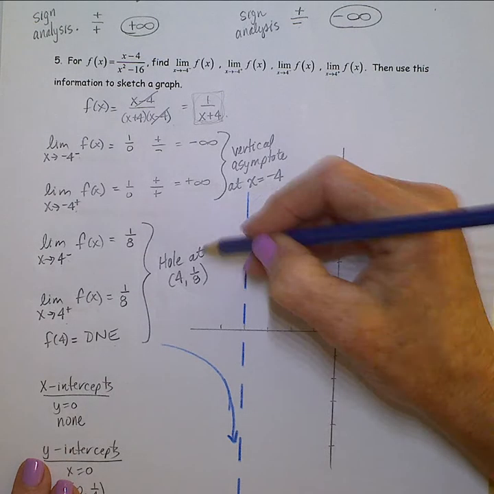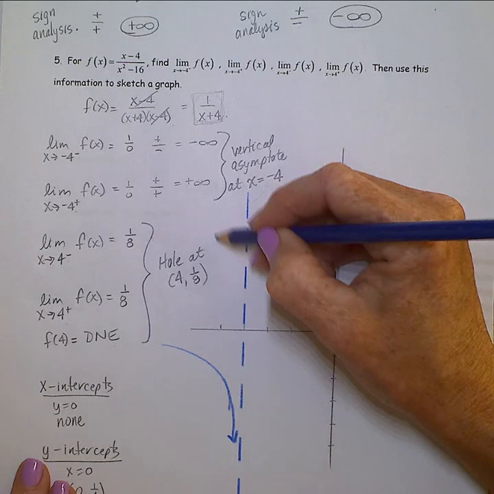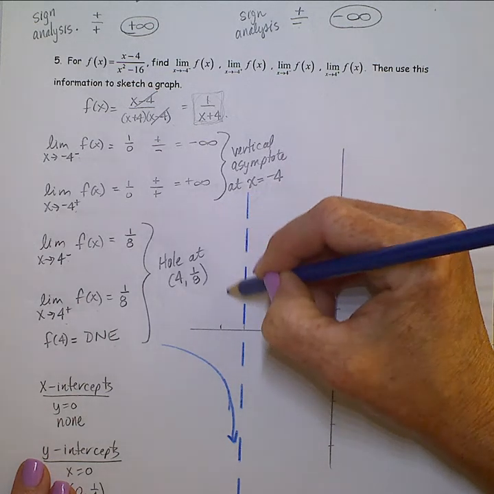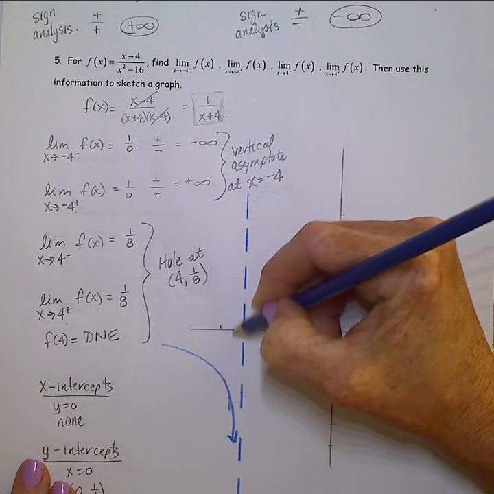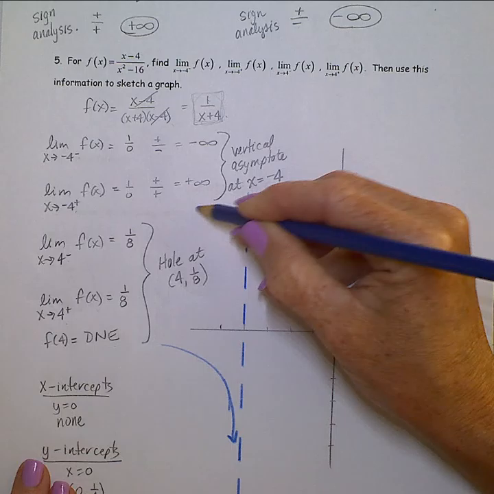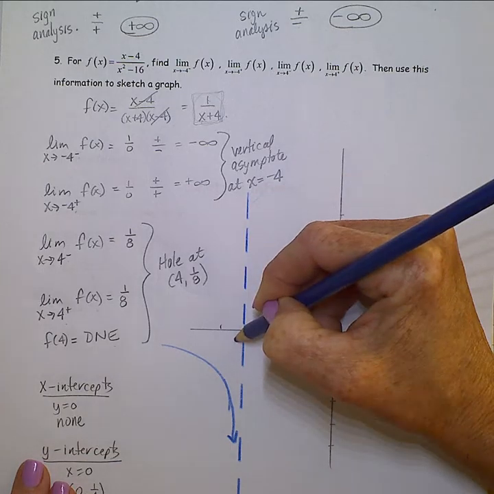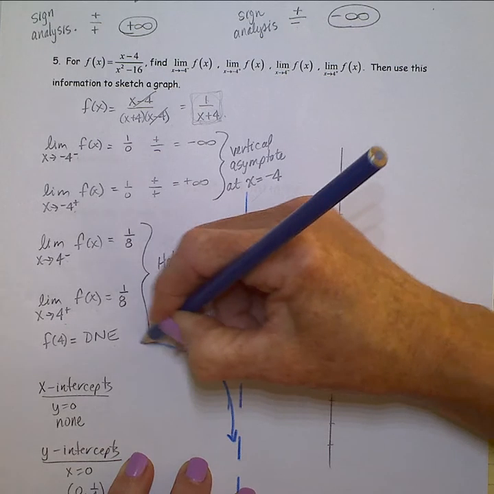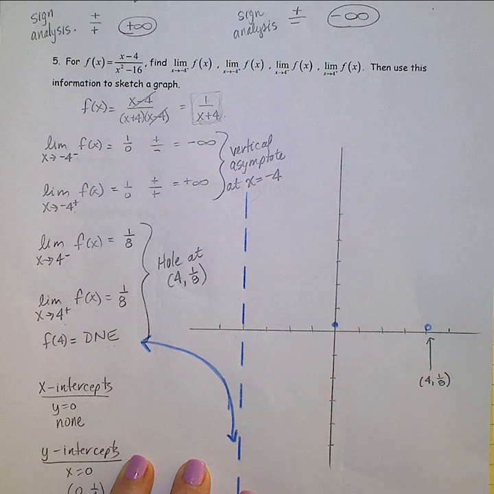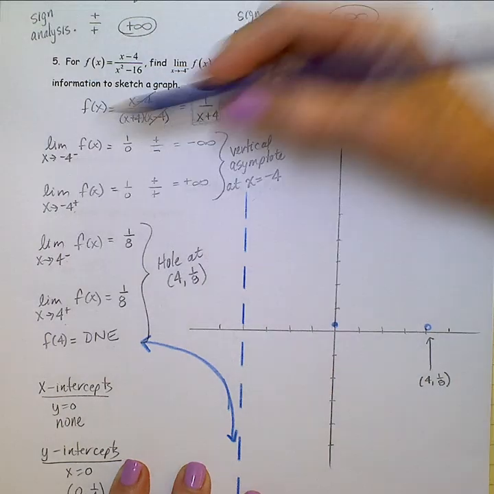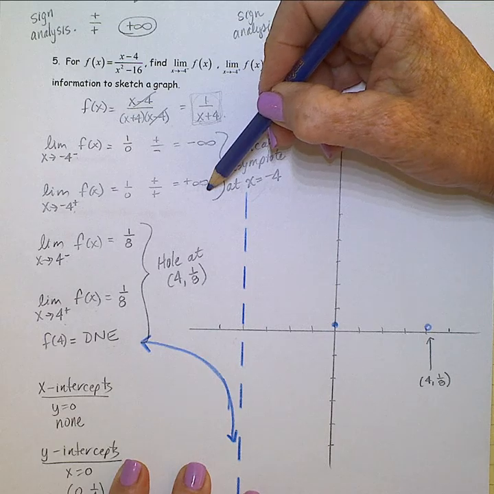Now, I couldn't have drawn it up here. Look up here so you can see what I'm saying. If I draw it up here, then I would have had to cross the x-axis, and we know we can't cross the x-axis. Does that make sense? So this has to flatten off over this way. On the right side of -4, we know those y values increase without bound.